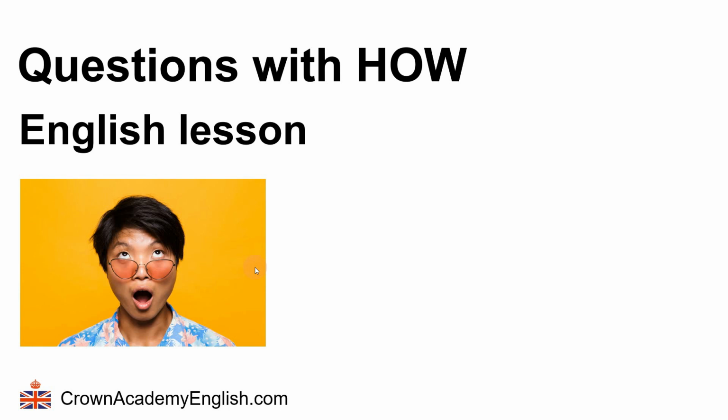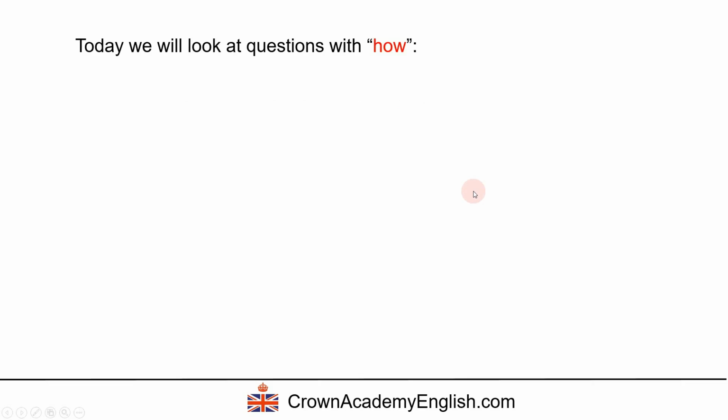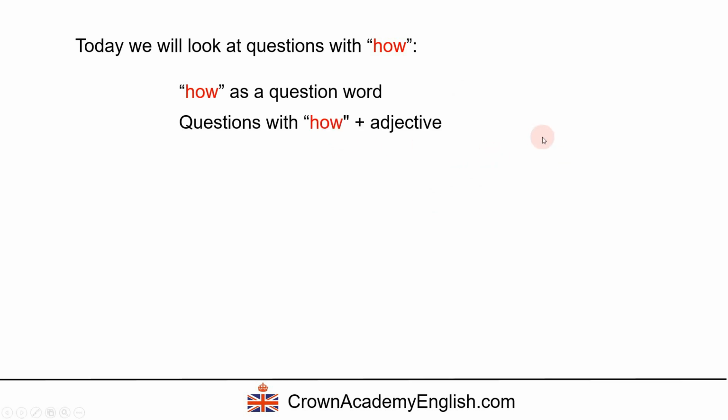Today's English lesson we are going to look at questions with the word how. So today we will look at questions with how. We will look at how as a simple question word.